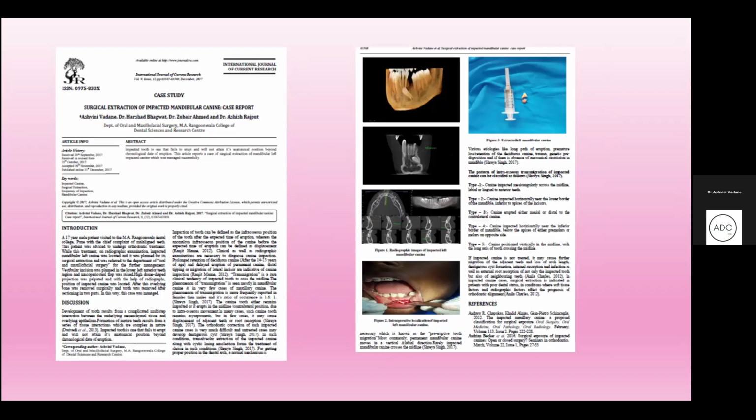If we are performing extractions in the lower arch, the vital structure is the inferior alveolar nerve. If we are performing in the upper arch, then we have to take care of the maxillary sinus, as well as the tongue and other tissues. That's why such extractions are a little difficult and risky.